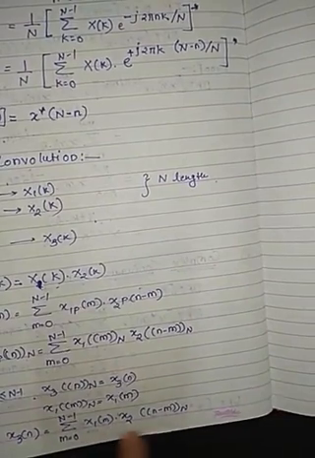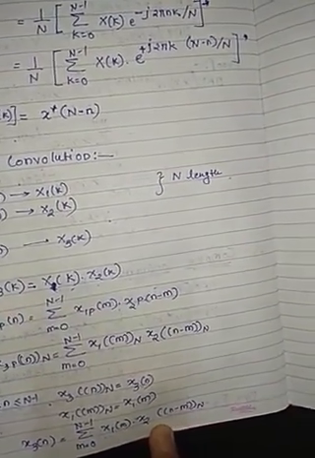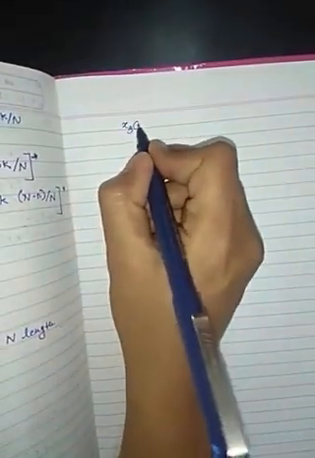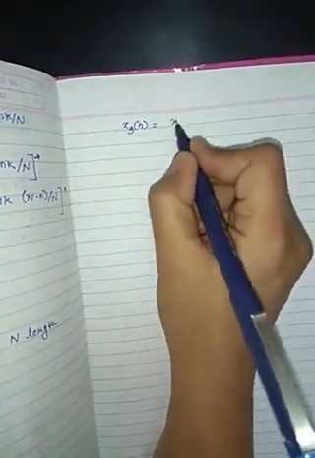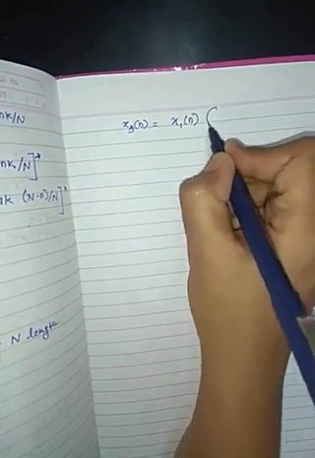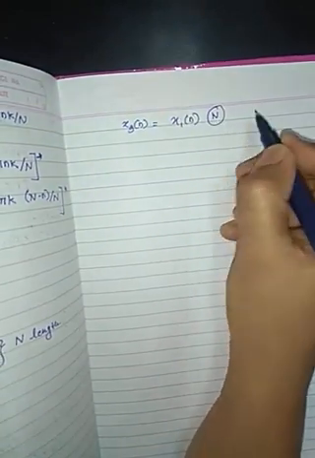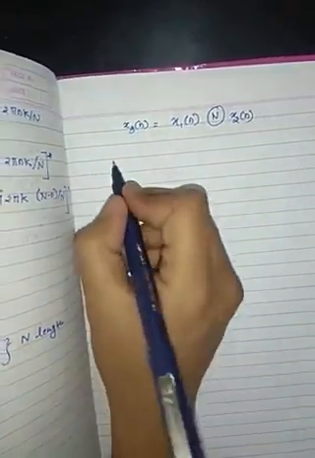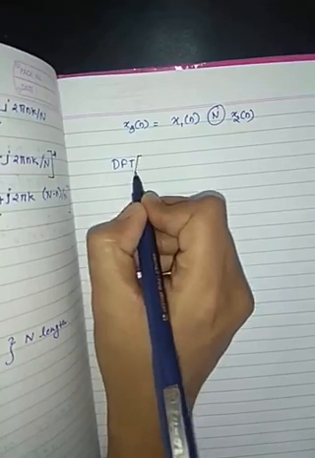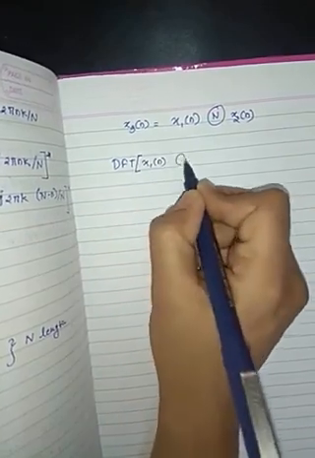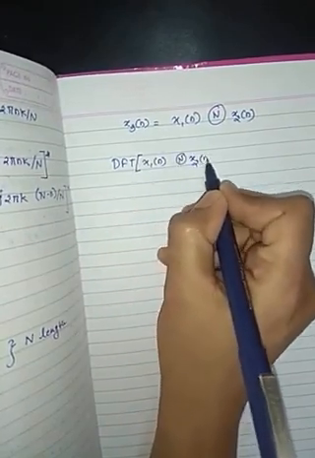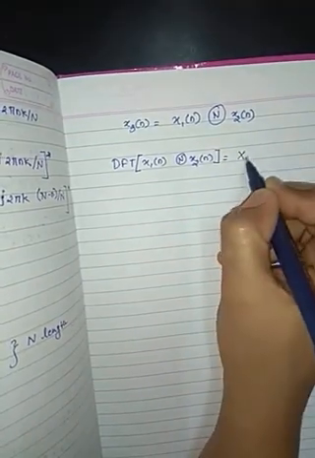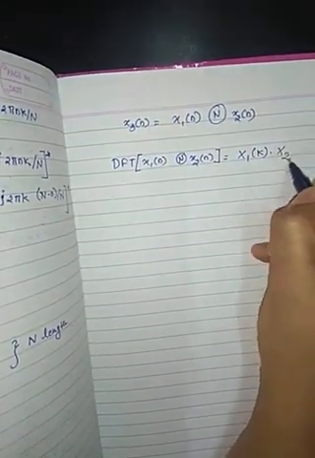So x1 of n and x2 of n. This is nothing but the equation of circular convolution. Here we can represent this x3 of n as x1 of n circular convolution with length N, x2 of n. So the DFT of x1 of n circular convolution with x2 of n is equal to x1 of k multiplied by x2 of k.